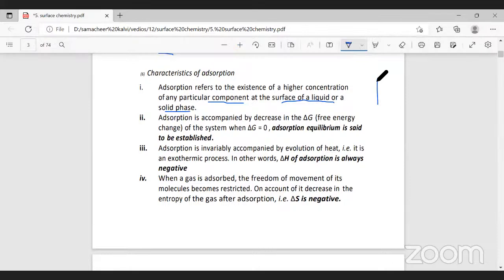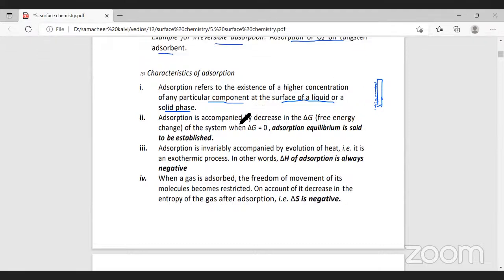If this is the duster, the chalk particles get accumulated here. The concentration of chalk particles is more on the surface of the duster compared to the bulk, or compared to the chalk particles on the board. Therefore, this is one of the characteristics of adsorption.